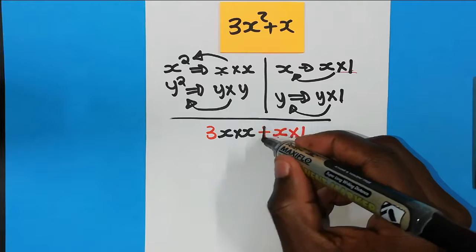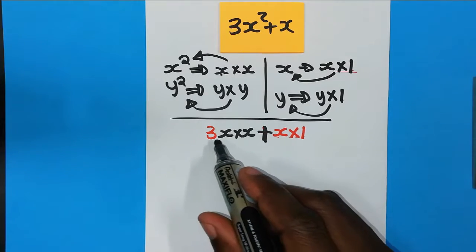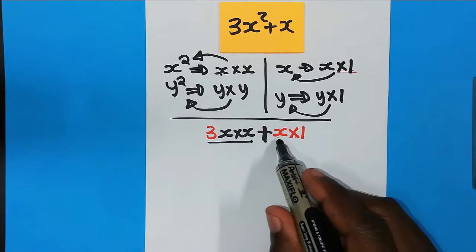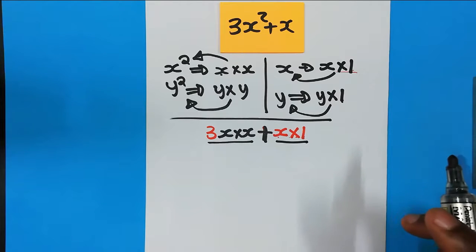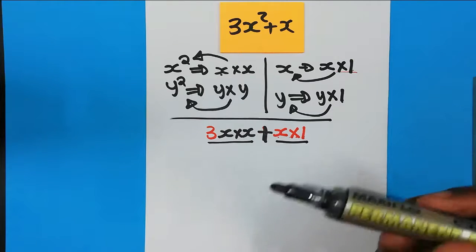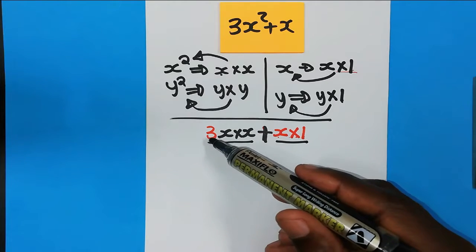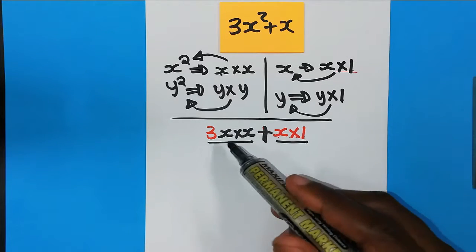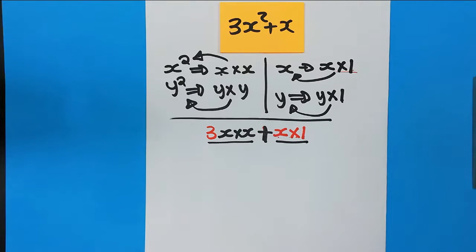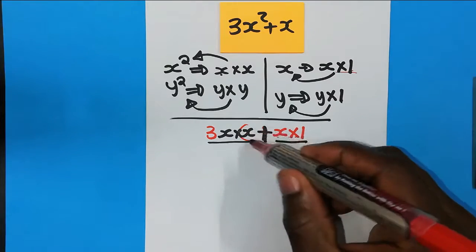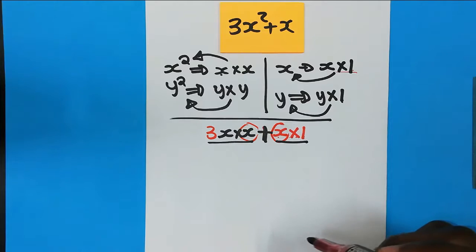Good. Now let's look for a common factor between this term and the other term. A common factor is basically a number or a variable that repeats on both terms. In this case, we have x that repeats on the other term.